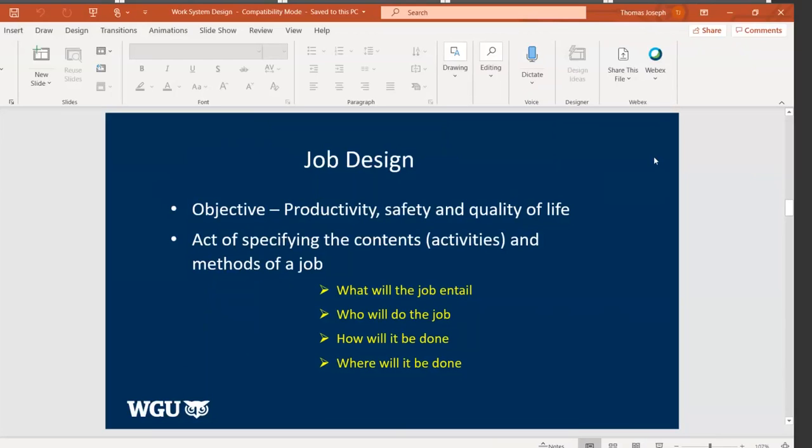That could be a nursing position, it could be a manufacturing position, anywhere you work, this would represent quality of life. Job design actually represents the act of specifying the contents or the activities and the methods of a job. That is, what will the job entail? Who will do the job?